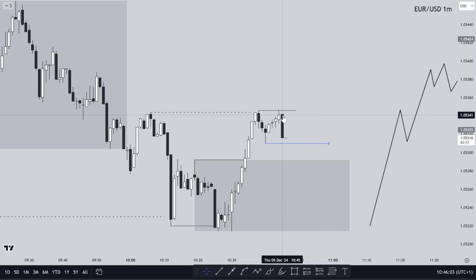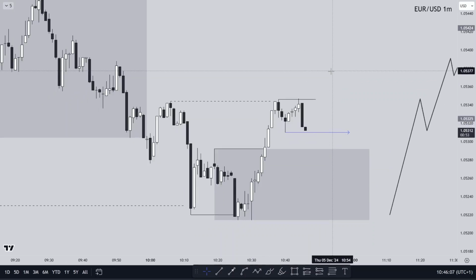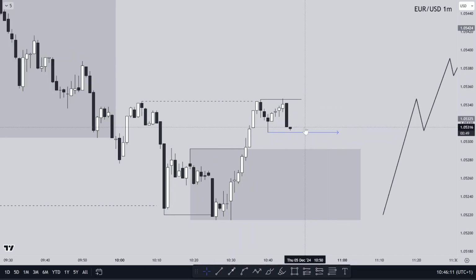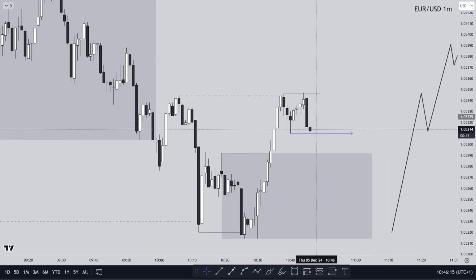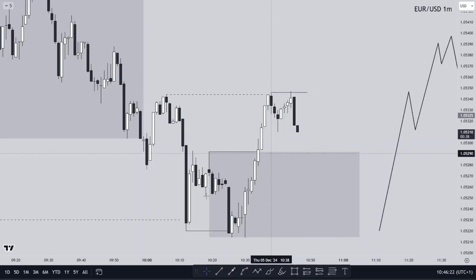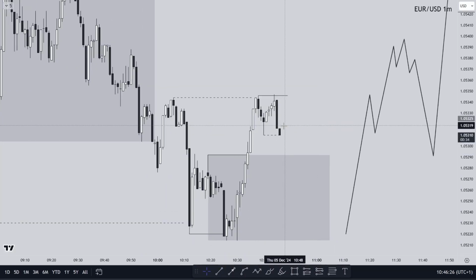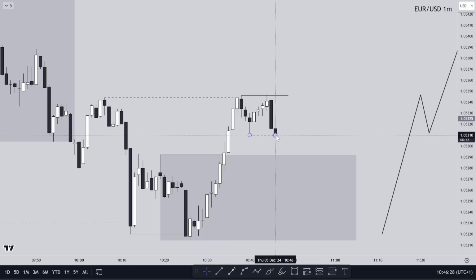Well, not a very good 1 minute candle because price drops. So let's see if now price takes this liquidity. I think this already happened. So for me this is a liquidity taken, so now price can move to the upside.